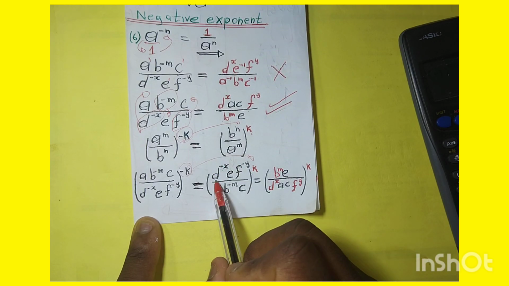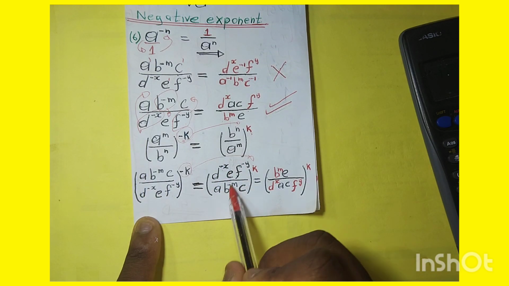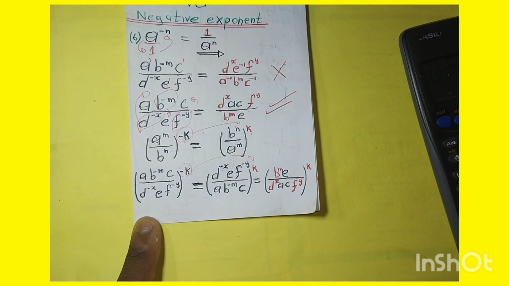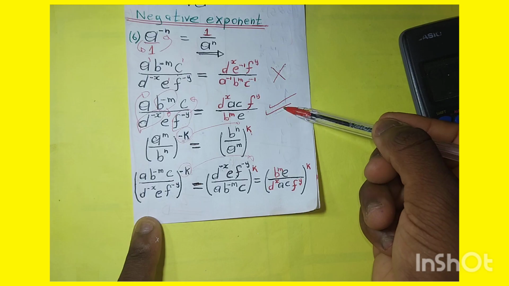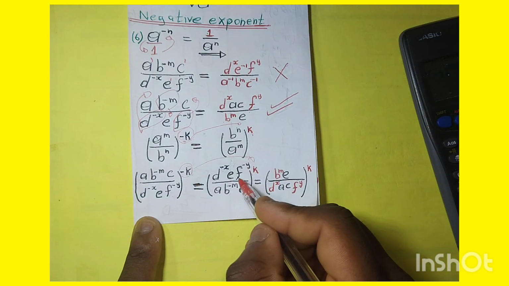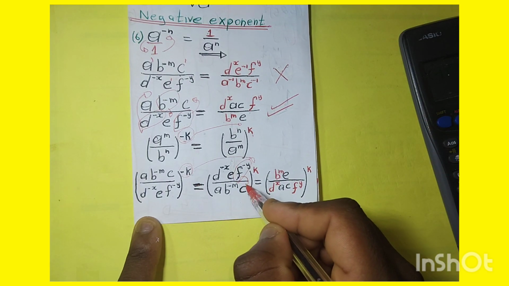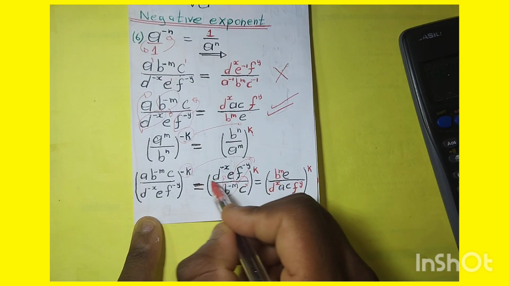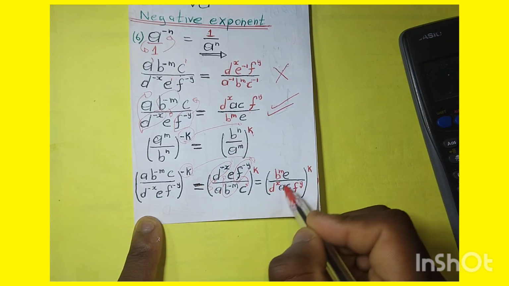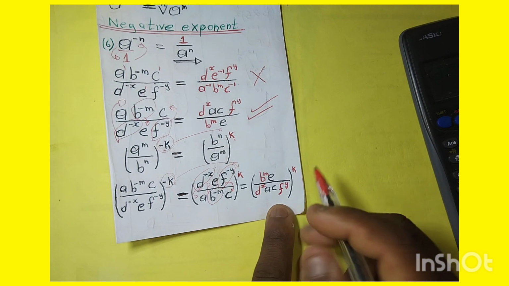Only the fraction will flip, become like this, as you can see. But because I told you it's better to work with what? With positive exponents. Meaning all these exponents which are negative, I can take them down and they become positive. Take this one up, become positive. Take that one down, become positive.